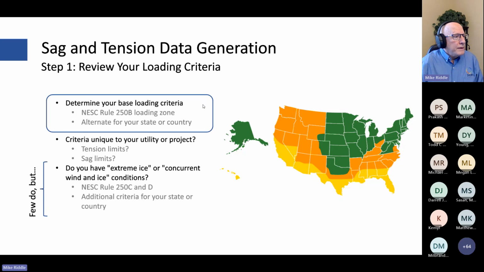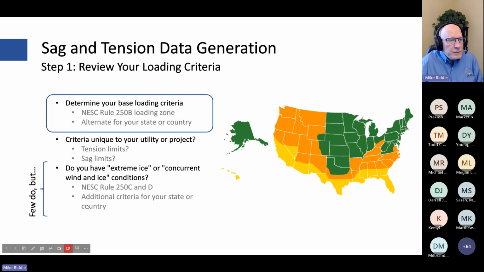So you've probably got some base loading criteria. If you're here in the United States, your NESC Rule 250B loading zones are your starting point. Now, if you're a utility or on a specific project, you might have additional criteria to add, maybe a maximum tension that you don't want to exceed, maybe a maximum sag that you don't want to exceed.